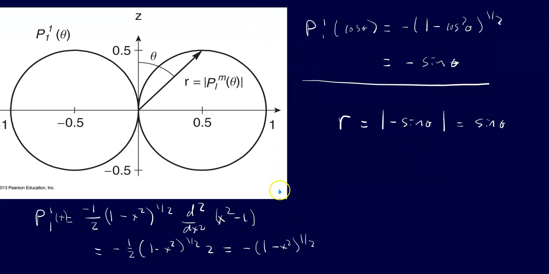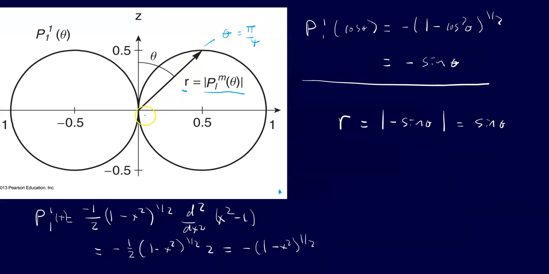So basically it's a polar plot where the length of the vector r, which we're given right over here, is equal to the absolute value of this PLM. And so we can see it at different points. Like for instance, at this point here that they've drawn, I would say this is roughly the point theta equals pi over 4.